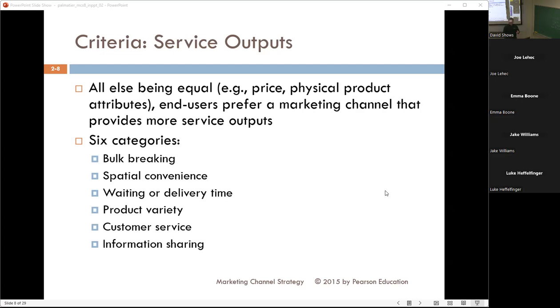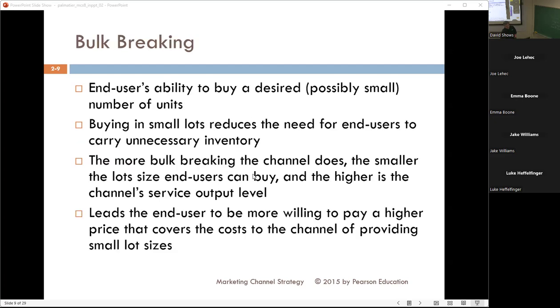They're bulk breaking, spatial convenience, closeness, the waiting or delivery time, the variety of the product, customer service, and then finally information sharing. We're going to go through them one at a time.